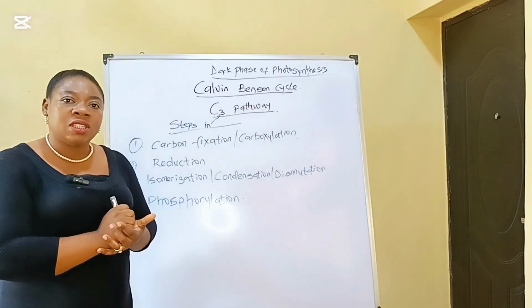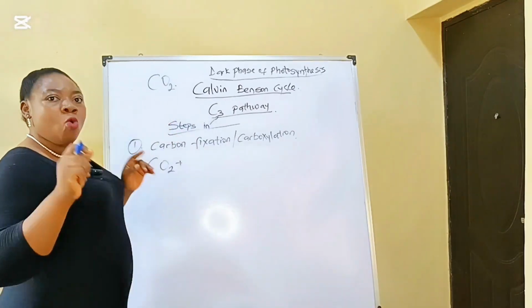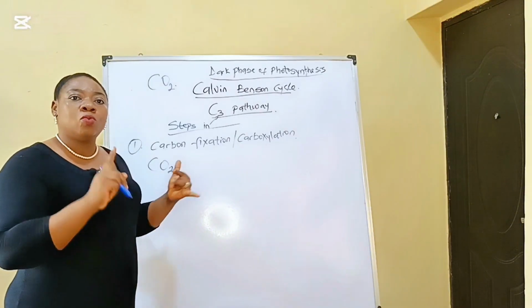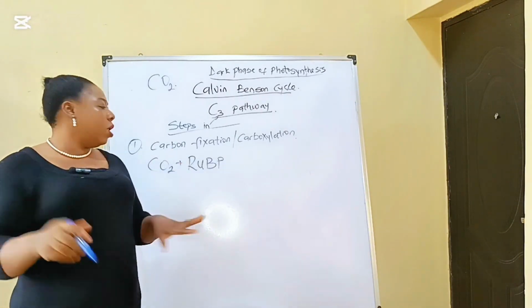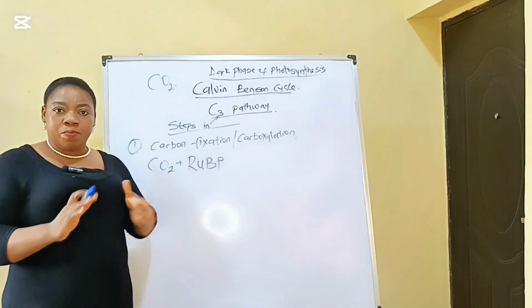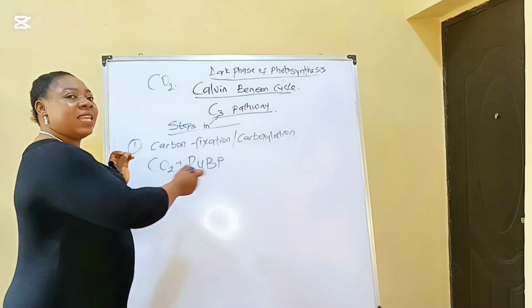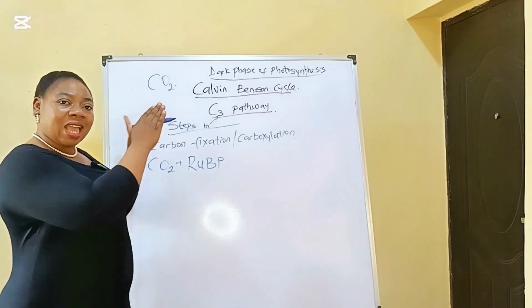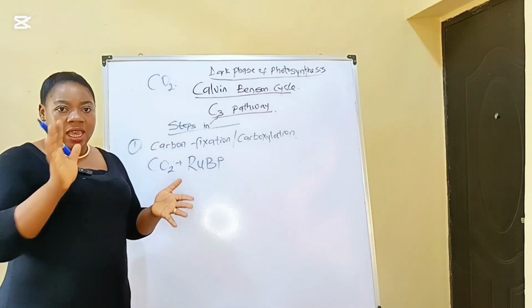In the carbon fixation step, CO2 will react with ribulose 1,5 bisphosphate, which in short form we call RuBP. Because of limited space here, I will not be able to write it fully, but after the class, I will list out the steps and also the enzyme that catalyzes each reaction in the step.